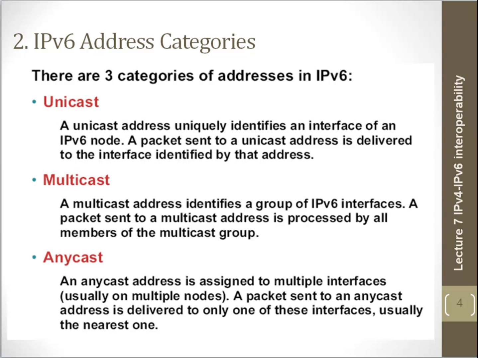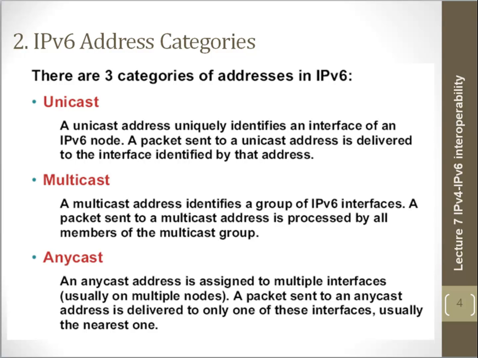Now anycast. It is almost the same as multicast, but what is the difference? A set, a group of users or interfaces, will be identified here, but the packet will be delivered only to the nearest host, the nearest host to the source.